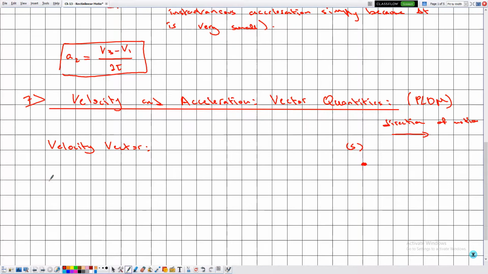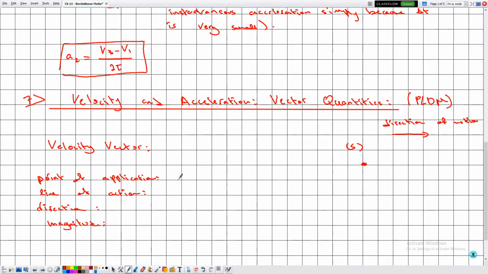Here, whenever we say velocity, because we didn't distinguish between average velocity or instantaneous velocity, for sure we are talking about the instantaneous velocity. So we have the point of application, the line of action, the direction, and the magnitude.